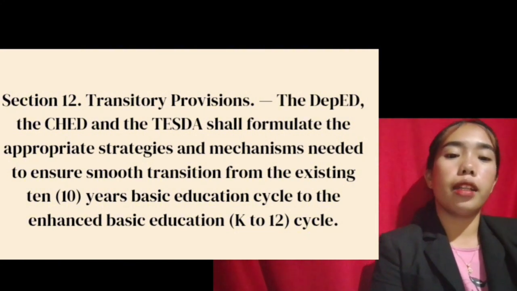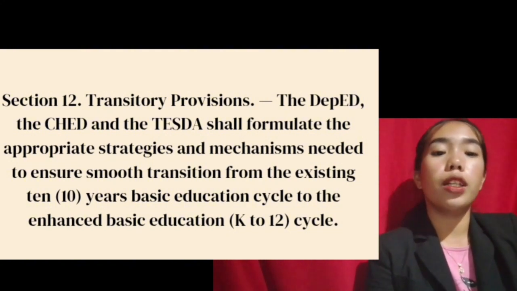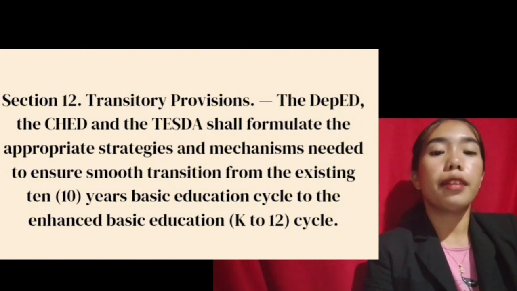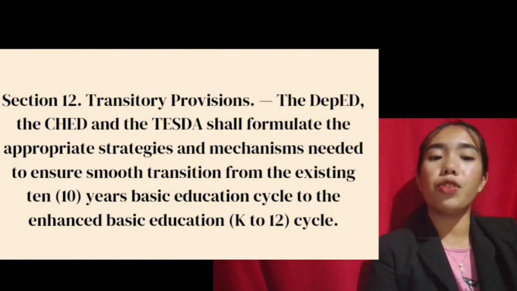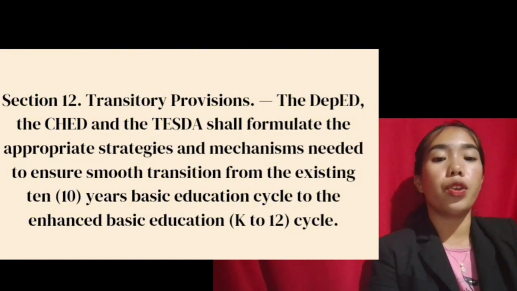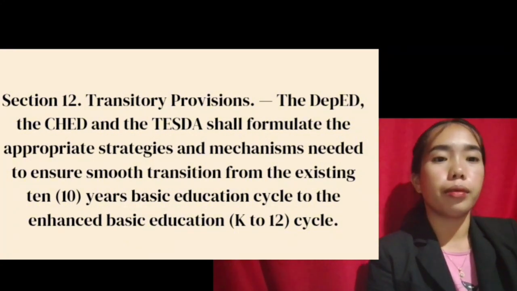It mandates that the DepEd, CHED, and the TESDA develop strategy and plans to make the shift smooth and effective. These include addressing issues related to infrastructure, staffing, curriculum changes, and ensuring a smooth connection between the new senior high school curriculum and college requirements.